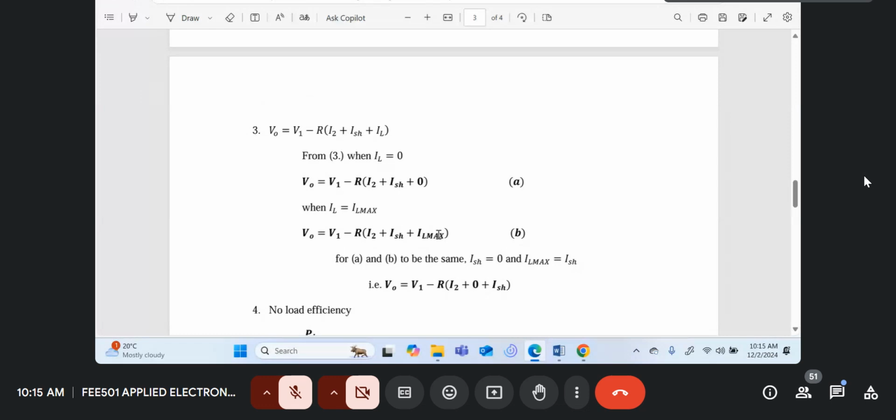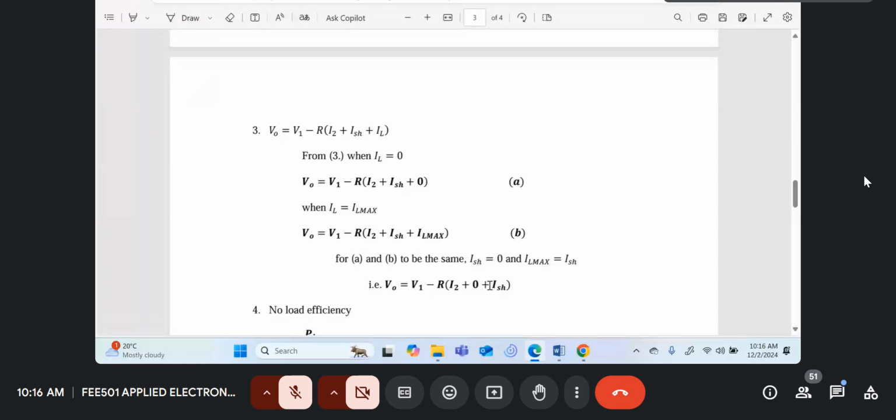Now, if the circuit is working properly, both equation A and equation B must apply, because in the case of B, it's just applying the maximum current. So for equation A and B to be the same, it means in part B, I shunt must be equal to 0 and IL max is equal to I shunt. And therefore we can write that V0 is V1 minus R into brackets I2, I shunt is equal to 0.